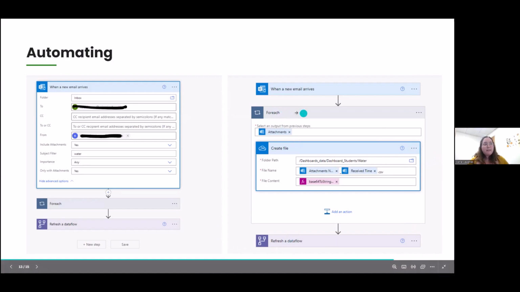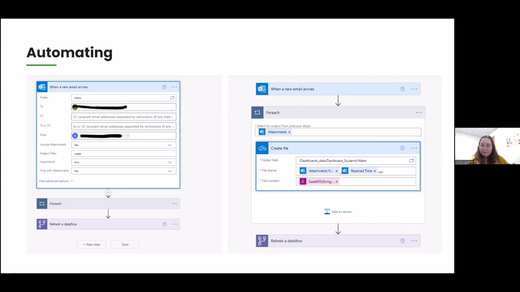Then in between for each and refreshing the data flow, what I have yet to put in Power BI, but that I am currently working on, is creating a data flow in the Power BI service that will take the entire folder in the OneDrive folder water, combine all the files in that folder, and format the files into the same structure of the Power BI data set, basically, that's feeding into the dashboard.